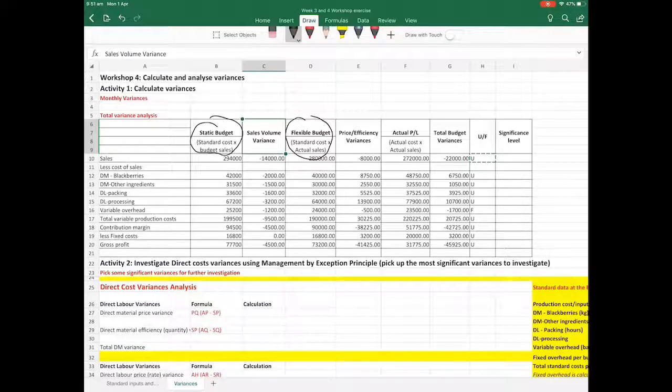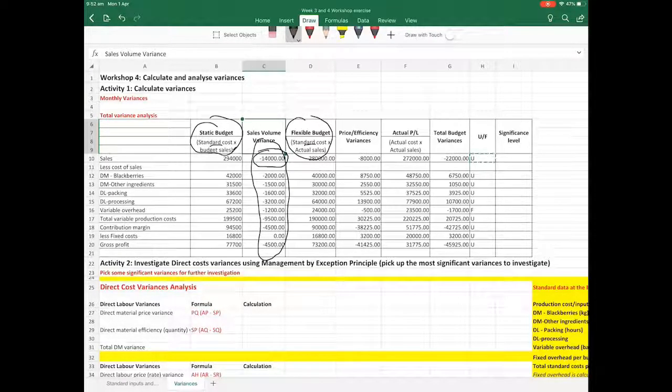These two formulas share the standard cost, and they're only different in terms of sales. So this figure is due to the sales: the actual sale is smaller than the budget sales. Therefore, this variance is caused by the sales volume. And therefore, the whole column, we call it the sales volume variance.